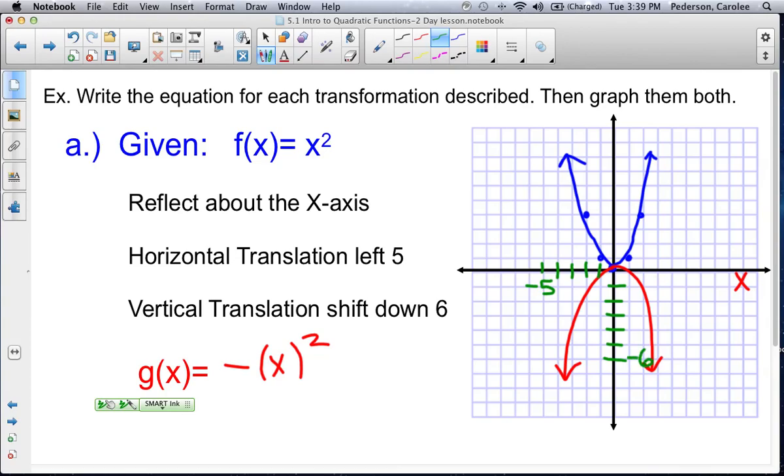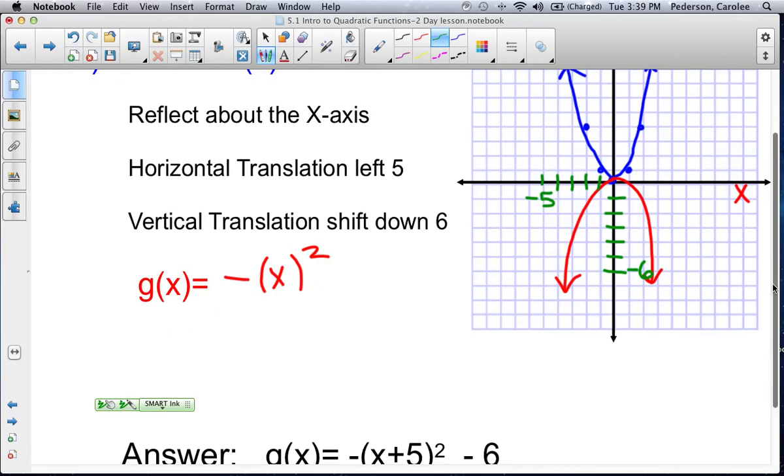So where this new graph is going to look like, instead of my vertex being at 0, 0, it's now going to be at negative 5, negative 6. Right there.